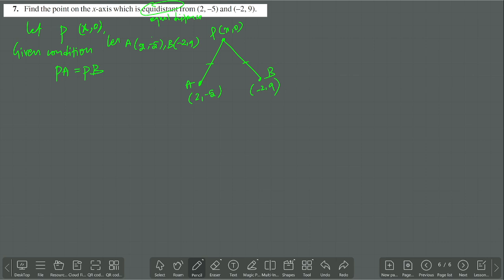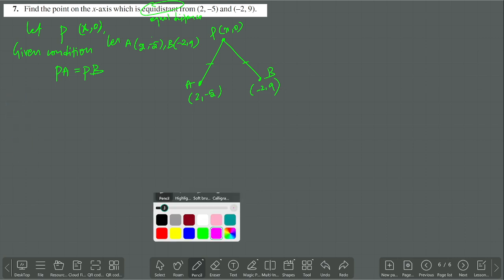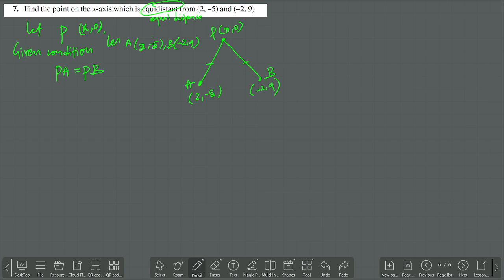So PA equal to PB. Sorry, pink color we don't want; I will take yellow. So square root of, this is PA, and square root of PB. Here let me write P point is x comma 0 and A point is 2 comma minus 5.